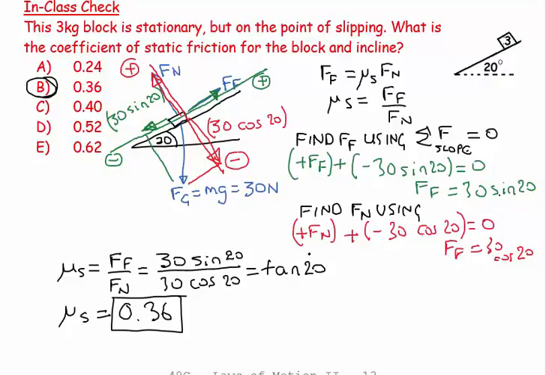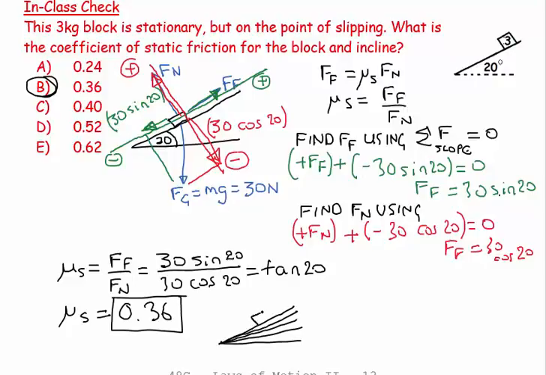Now, let me just talk about this answer a little bit. What this means is that if I do want to find the coefficient of static friction of a block on a ramp, all I need to do is tilt the ramp to higher and higher values.